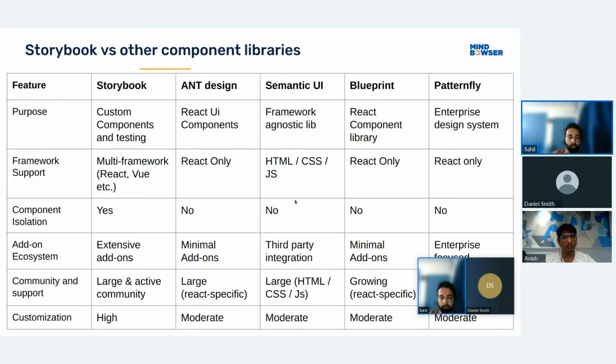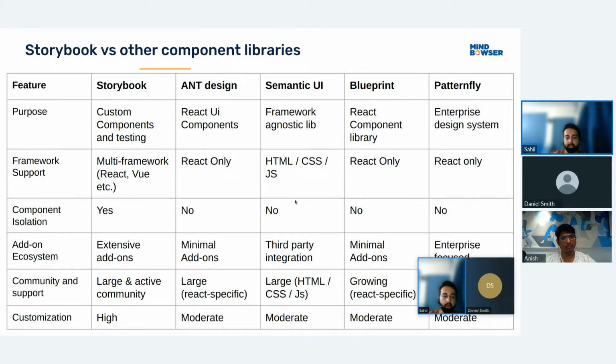Storybook is focused on building and testing custom components in isolation, which offers us flexibility and customization. Most of the others are single framework based, and Ant Design is a React based design system. Semantic UI is a framework agnostic UI component library which is designed to be intuitive and human friendly.